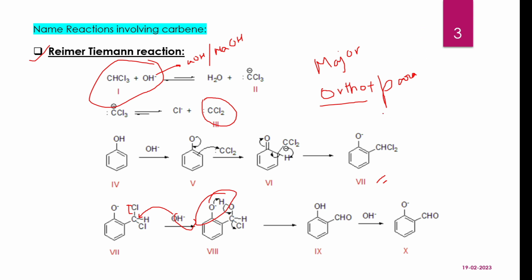So the reason is H bonding stability. So due to hydrogen bonding here, we get the ortho product as a major.